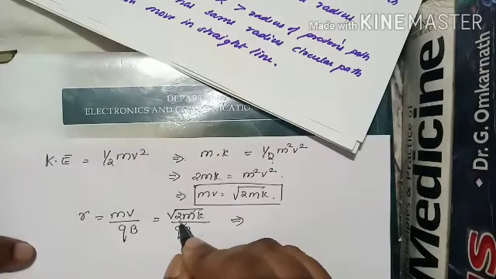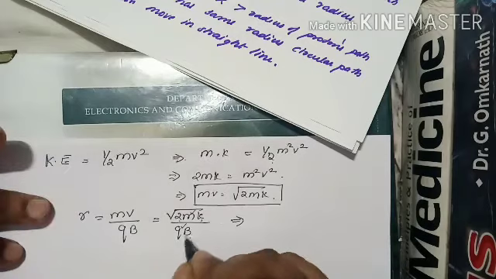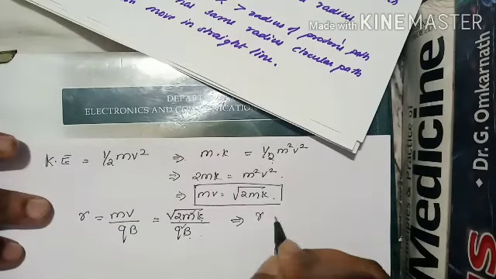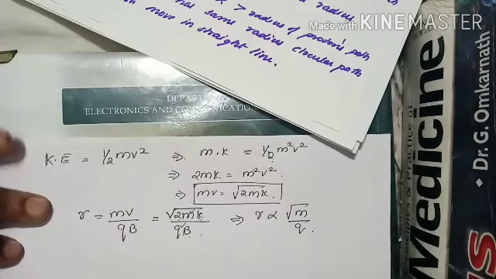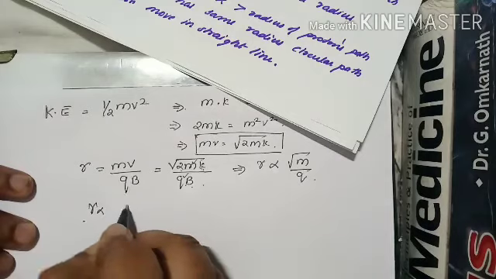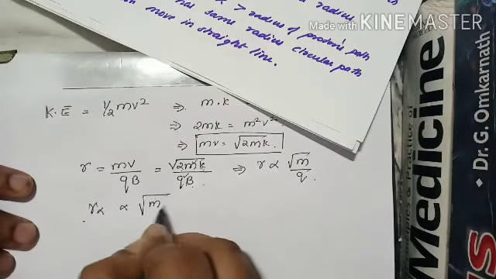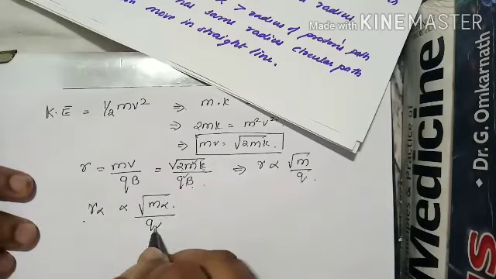So 2 is constant, kinetic energy is constant, and both are in the same magnetic field. So I will remove these three terms, so that r is proportional to root m/q, right? Now r of alpha is proportional to root of m of alpha divided by q of alpha, right?